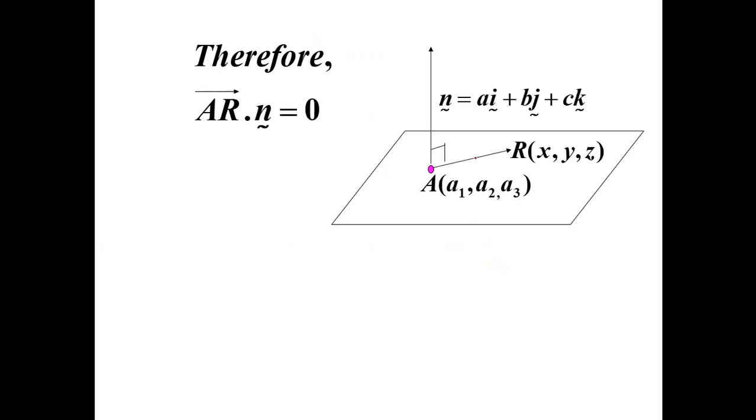So this is the plane, this is A, and A lies on that plane. R is any point which also lies on that plane. n is normal to the plane, forming 90 degrees.